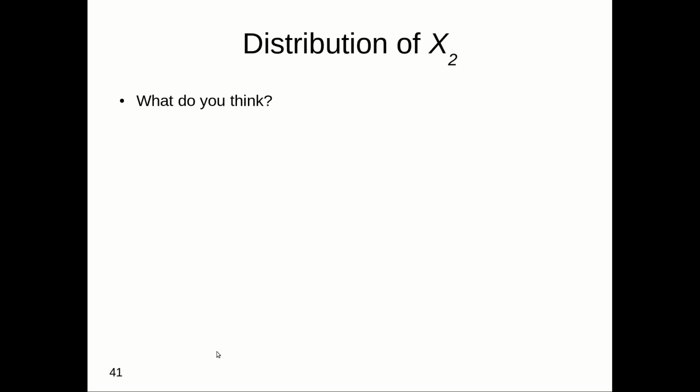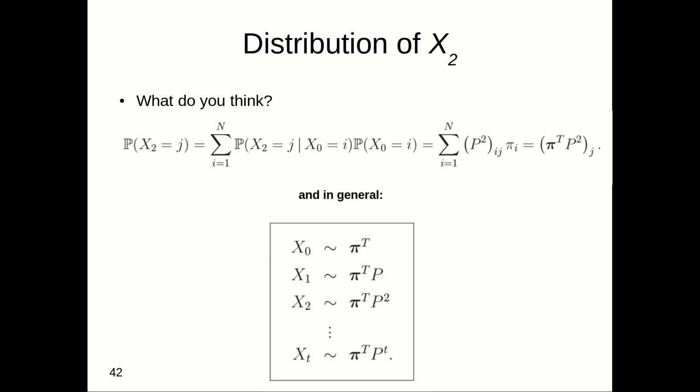Okay, so here's an exercise for you. What is the distribution of x2 then? What do you think? This is pretty straightforward. As before, we need to do some maths. What's the probability of being in state j at time 2?